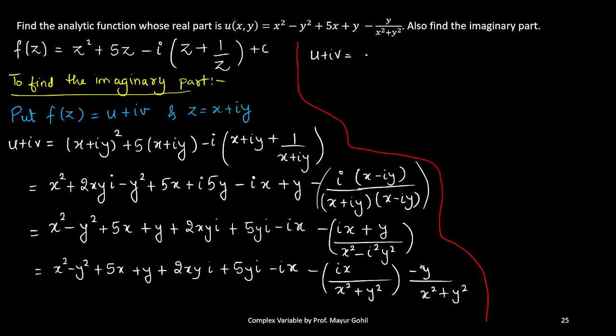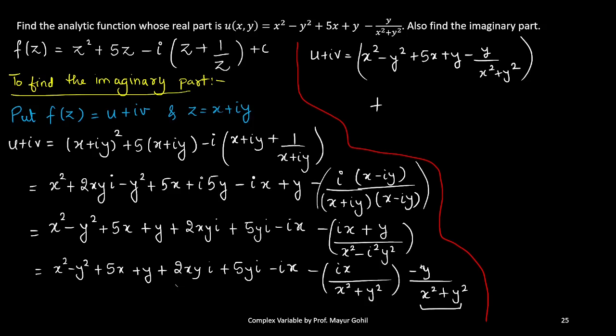So we get x square minus y square plus 5x plus y, okay. And then there is this term also, minus y over x square plus y square. This is the term that we obtain, plus now we take all the terms which are remaining, and i is common in each of the terms.